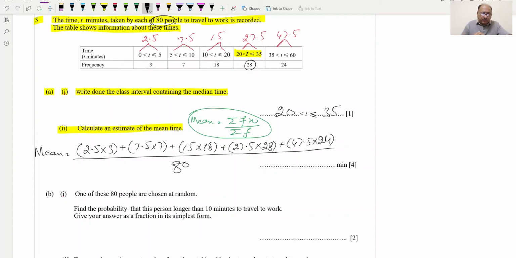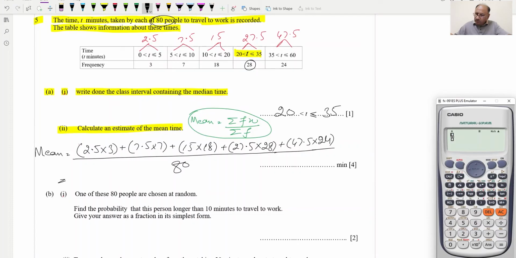So 80 will be here, and we will be calculating this. This is a lengthier calculation. We should be careful, otherwise it will be a problem.